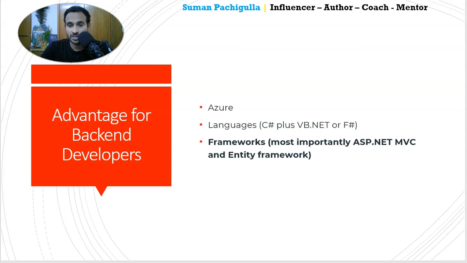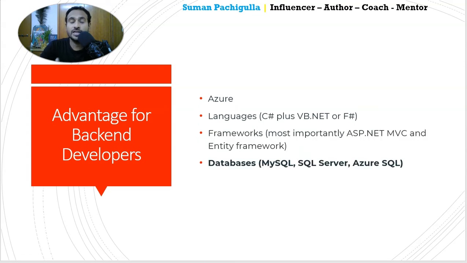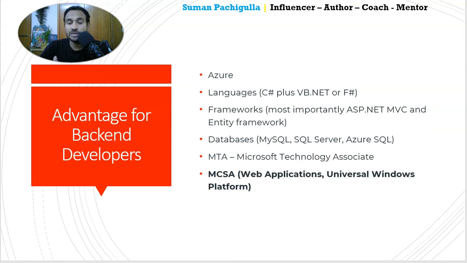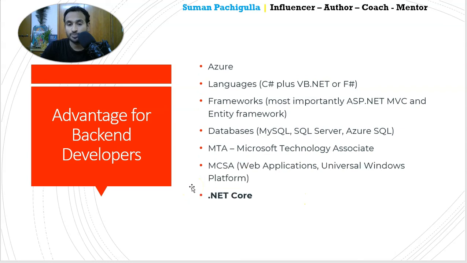They should know ASP.NET, MVC, Entity Framework, different databases, MS SQL, SQL Server, Azure, etc. Microsoft Technology Associate, MCSA, Web Application, Universal Windows Platform. So this is a certification. MCSA here has nothing to do with Microsoft Certified System Admin, but this is Microsoft Certified Solutions Associate for Web Application. So these are the certifications.